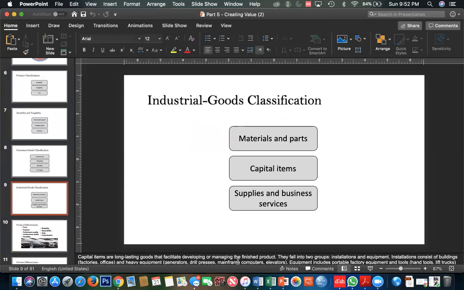Installations could include the buildings, the equipment, and all these things that we need to produce the products. A better way to remember capital items is that they require huge capital expenditure, and they look like a fixed cost. And then come the services aspects, the supplies and the business services, which are also part of your industrial goods classification.